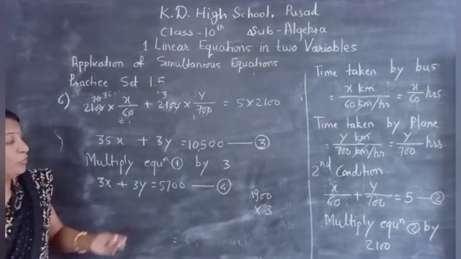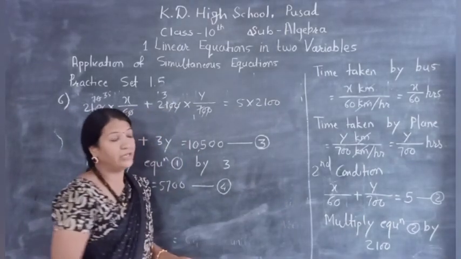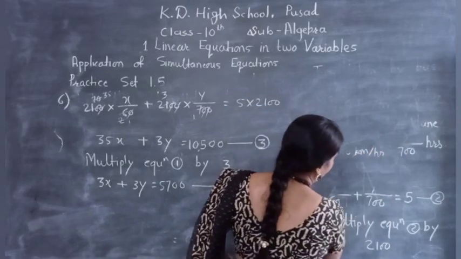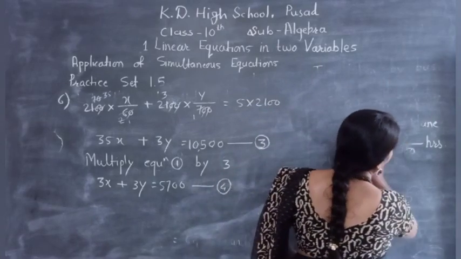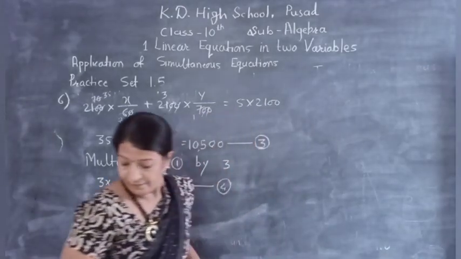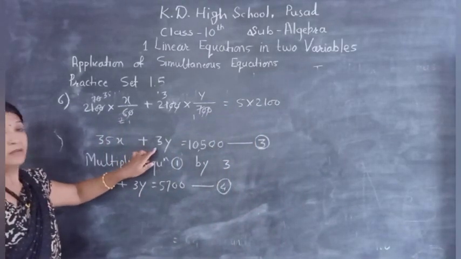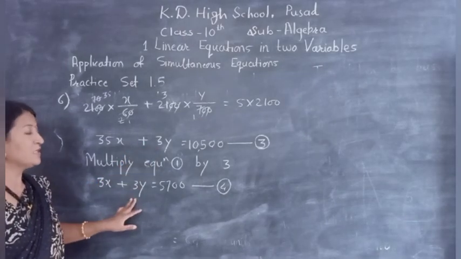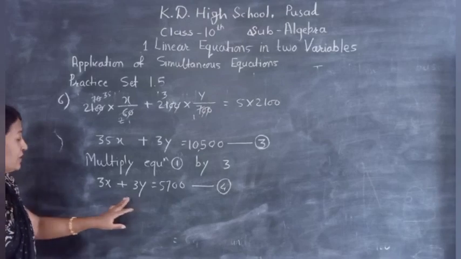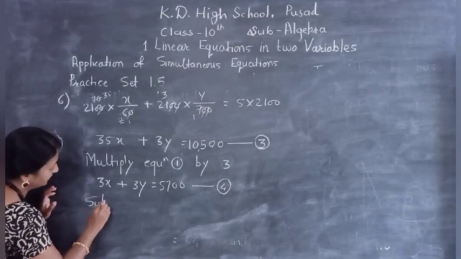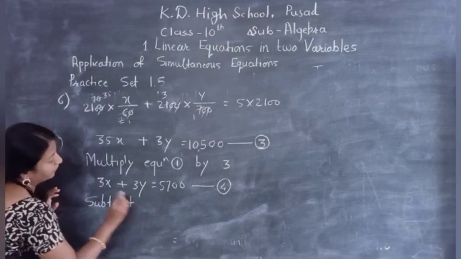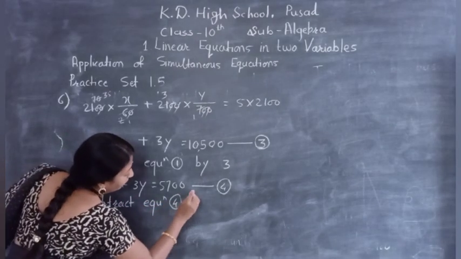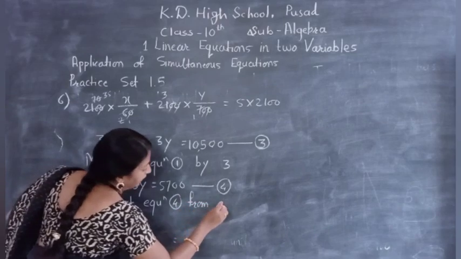Now we get two different equations, that is equation 3 and 4. Now we have to simplify these two equations. See here, again the coefficient of y are equal, plus 3, it means we have to make a subtraction. Subtract equation 4 from 3.